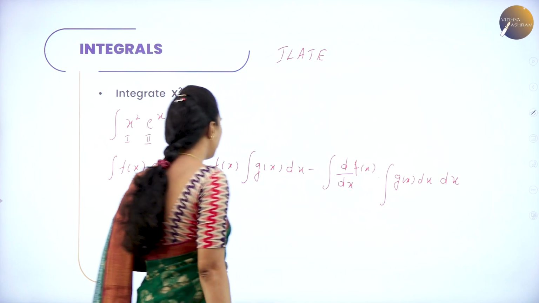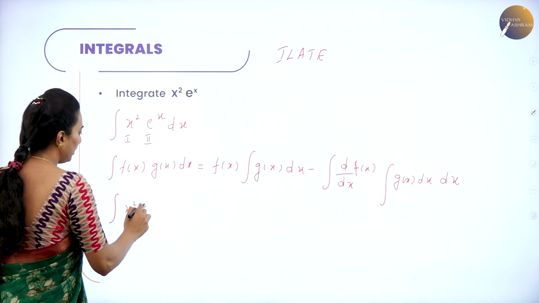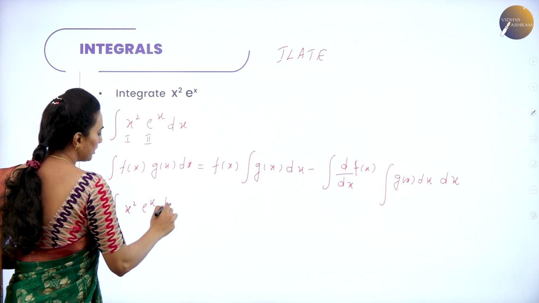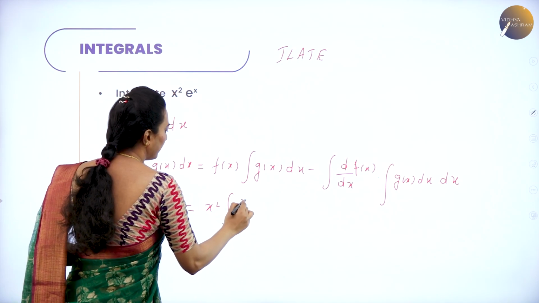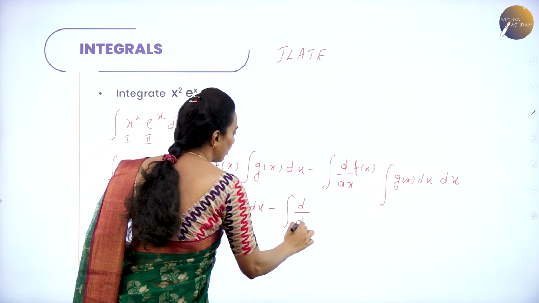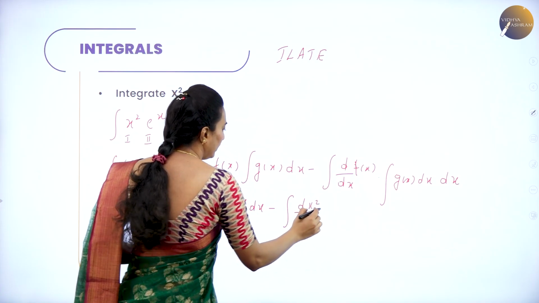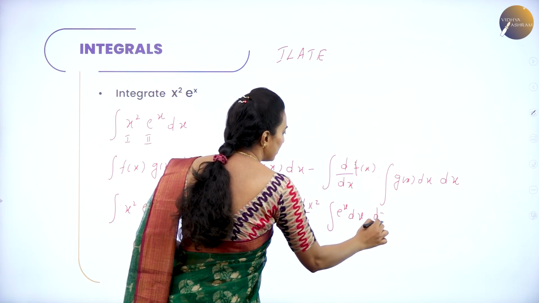Let me write this for the problem, x squared into e power x into dx, which implies x squared into integral of e power x into dx minus integral of d by dx of x squared into integral of e power x into dx, isn't it?